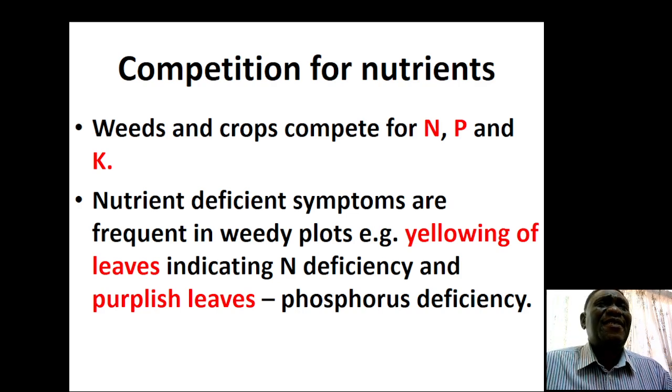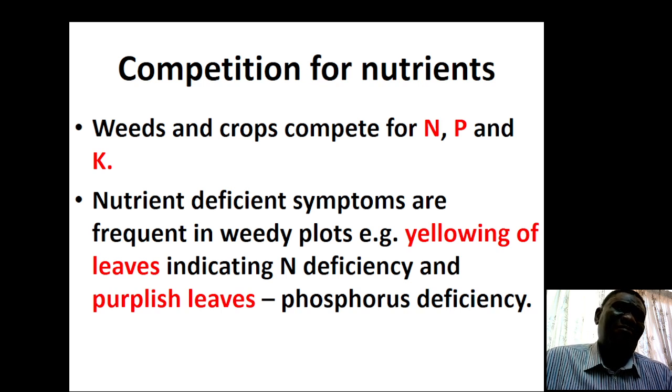Competition for nutrients. This is common. Weeds and crops compete for nitrogen, phosphorus, and potassium, which are the macronutrients. Nutrient deficiency symptoms are frequent, especially in weedy plots, like yellowing of leaves, indicating nitrogen deficiency, and purplish leaves, indicating phosphorus deficiency.